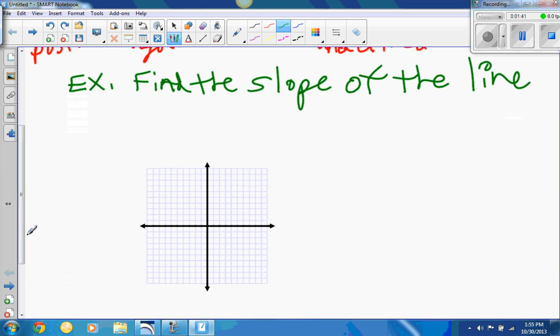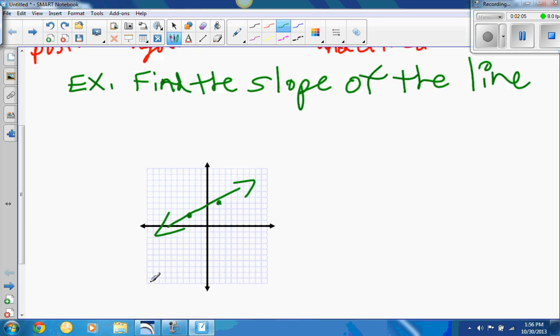So if I have a point at negative 3, 2, so negative 3, positive 2, and 2, 4, so 2, 2, 4. So there's my line. If all they do is give you a graph like this and it has a line already on it, then they want you to find the slope.